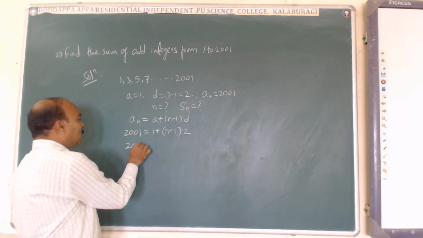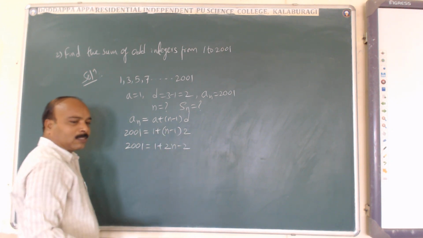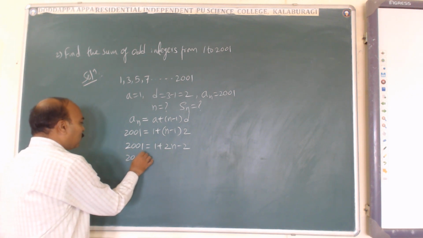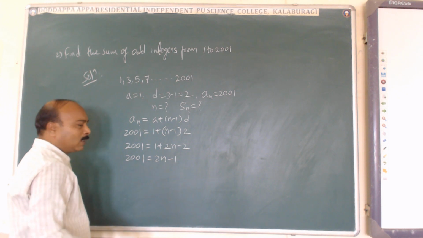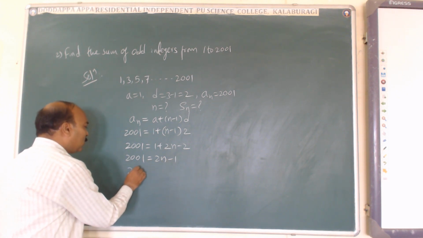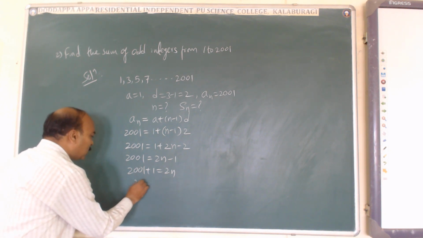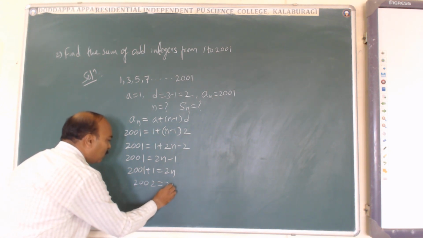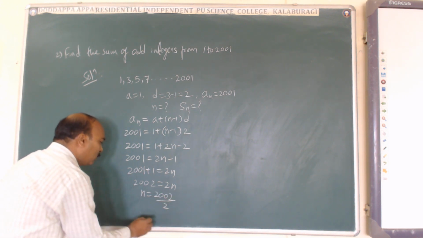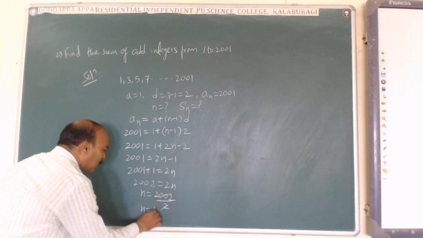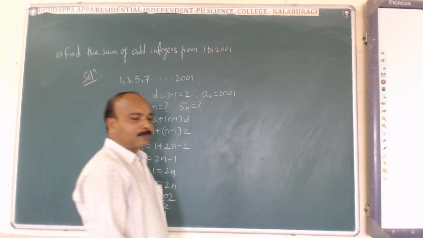It is 2001 equal to 1 plus 2n minus 2, that is 2001 equal to 2n minus 1. Take 1 to this side: 2001 plus 1 equal to 2n, that is 2002 equal to 2n. Therefore n equal to 2002 by 2, therefore n equal to 1001. So it is the value of n.